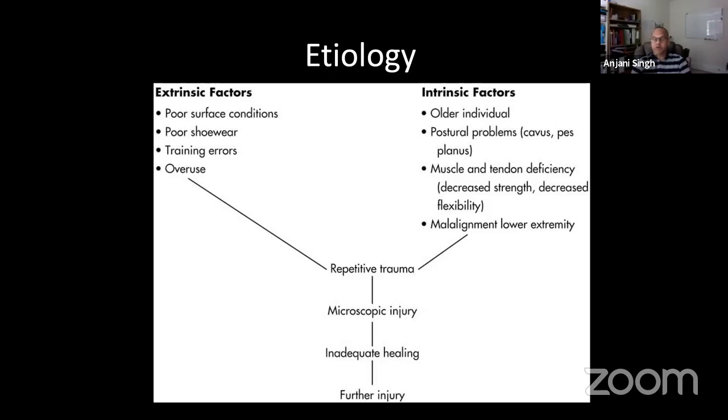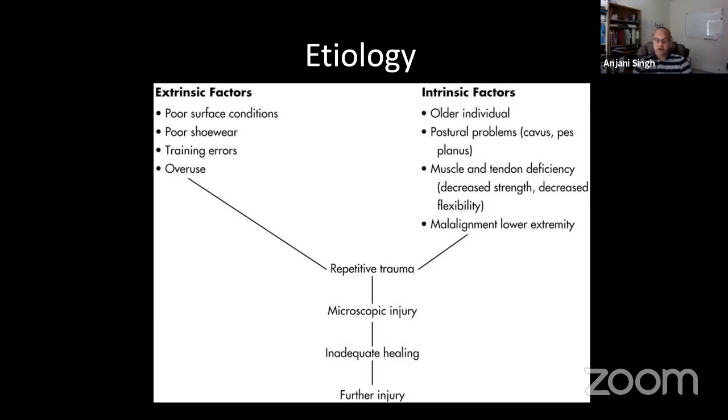In terms of the intrinsic factors, you can see it's more common in older individuals. With age, there's more chance of degeneration of the tendon. There are postural problems, encountered in foot malalignment or pes cavus or planus deformities, and also issues with decreased strength and flexibility of the tendon, as well as tightness of the gastrosoleus or gastrocnemius, or Achilles tightness, that can culminate in a pathology relating to tendinopathy.